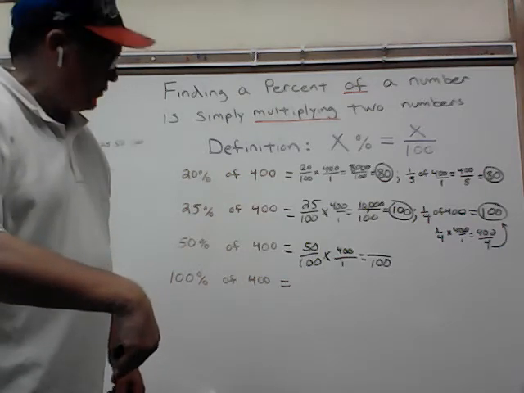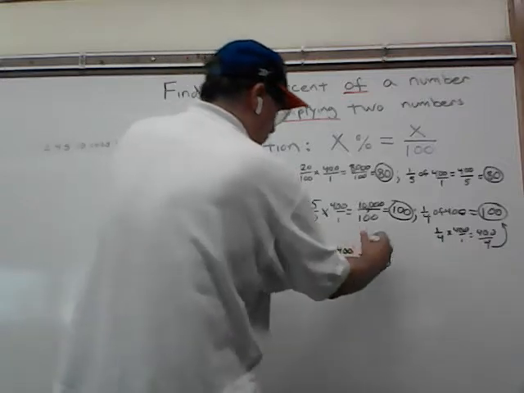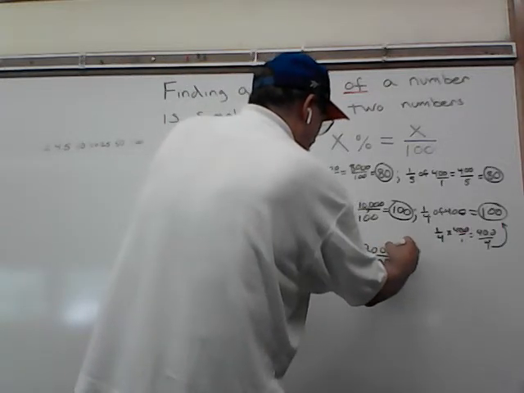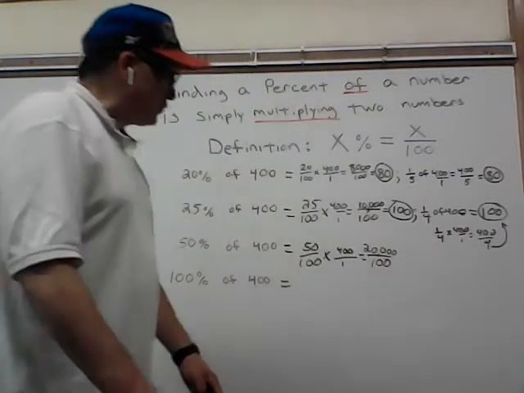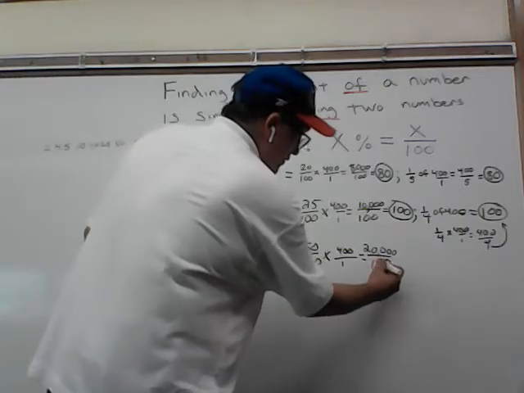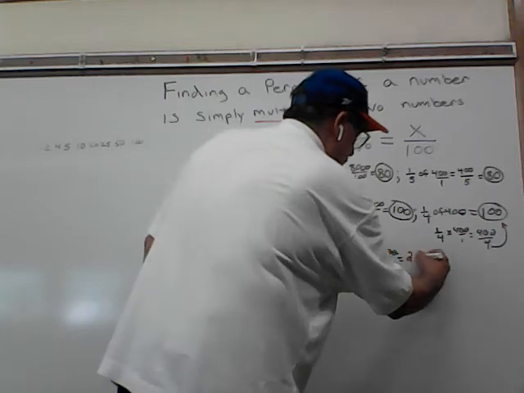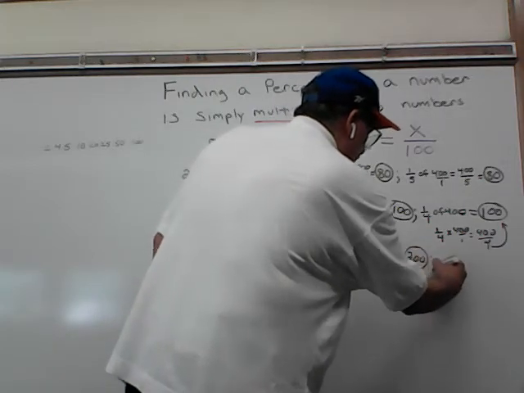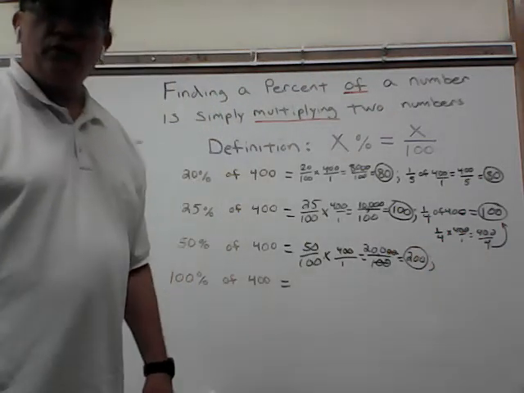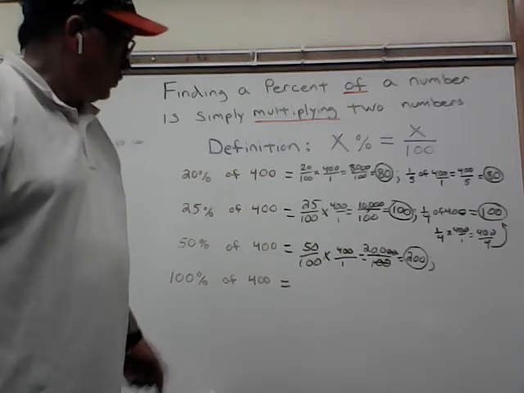It's 20,000, right? 20,000 divided by 100. Well, here's a little technique. Knock off 2 zeros, 2 zeros. There's 200, right? Which we knew it had to be. We knew that 50% of 400 was 200, obviously.